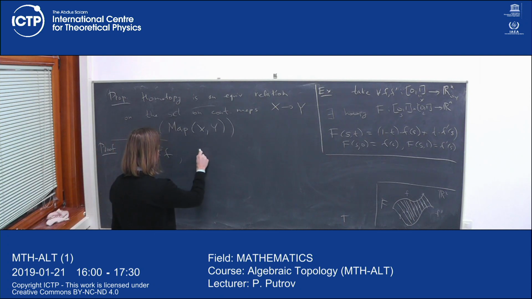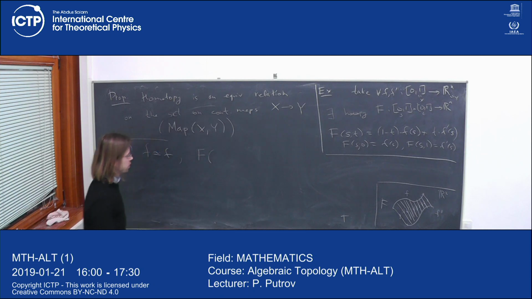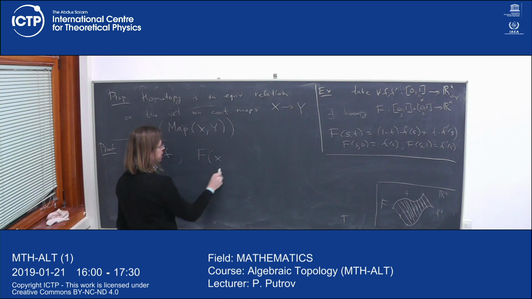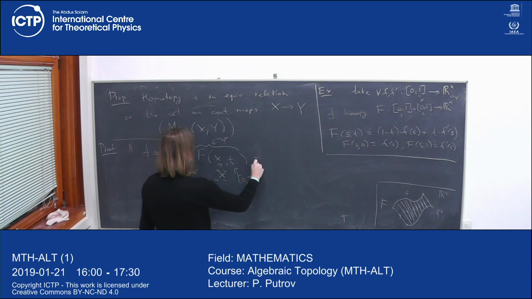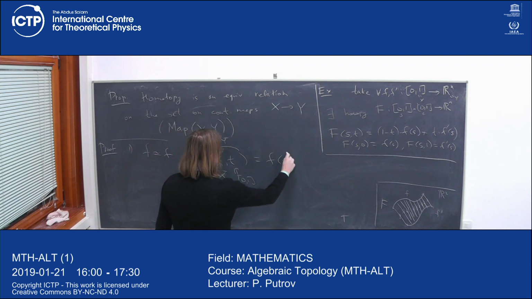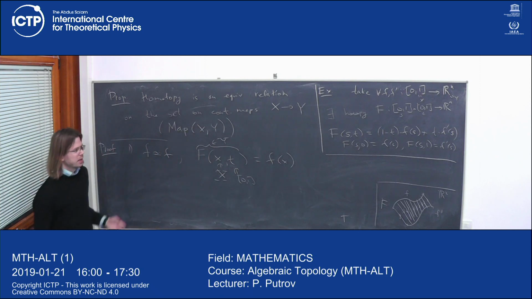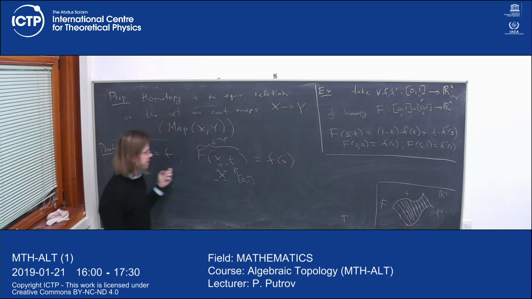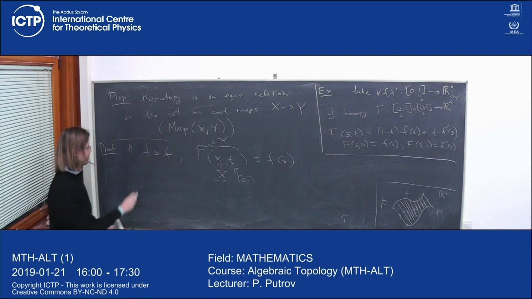We can just take F in the definition before, with F(x, t) equal to f(x), which belongs to Y, so I can just take it to be constant. So this is a constant homotopy between f and itself.